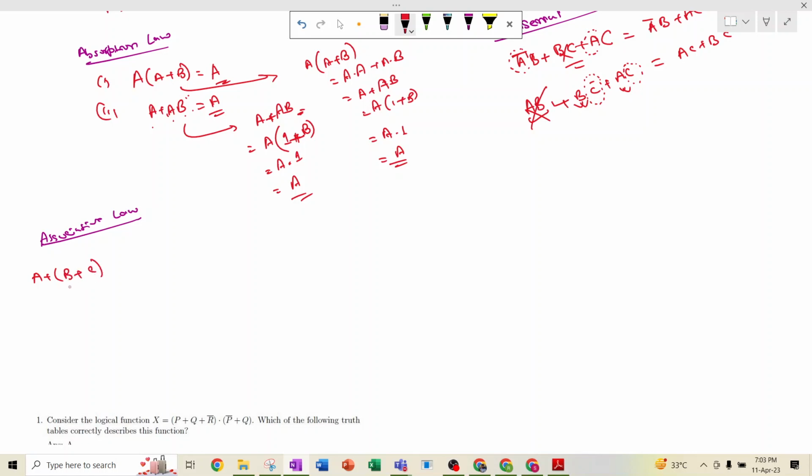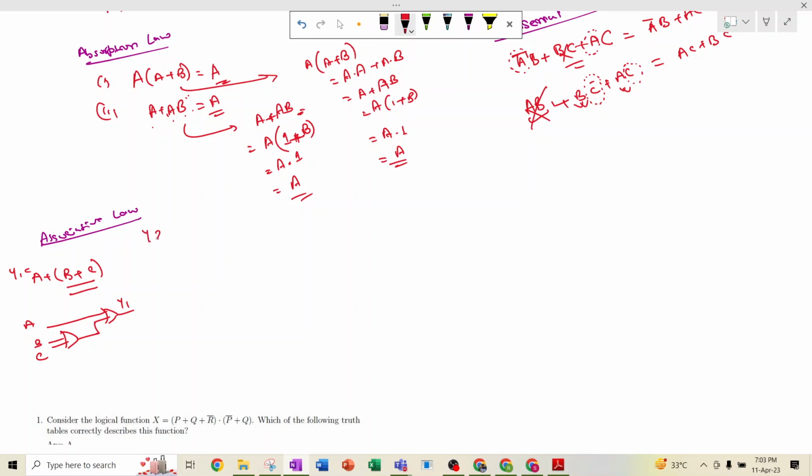That means at first we need to OR b and c, and then it needs to be OR-ed with a, right? So b and c will be OR-ed at first, and then it will be OR-ed with a, and then we get this as y1. Suppose this is y1.